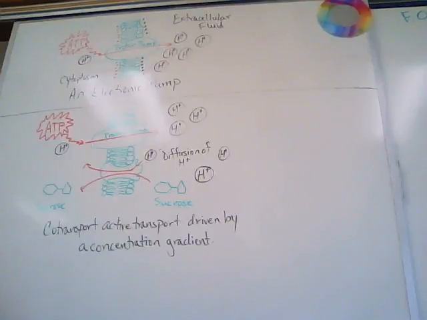This protein can translocate sucrose into the cell against a concentration gradient, but only if the sucrose molecule travels in the company of a hydrogen ion. The hydrogen ion uses the transport protein as an avenue to diffuse down the electrochemical gradient maintained by the proton pump.